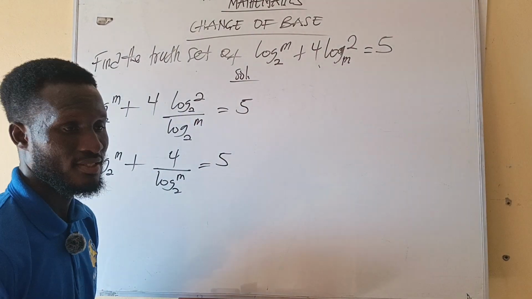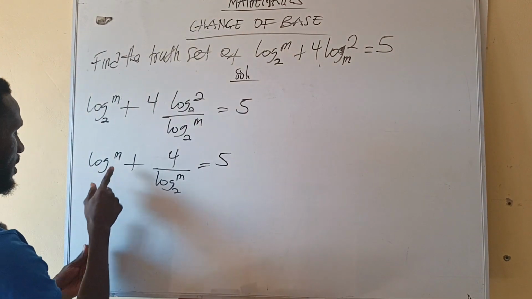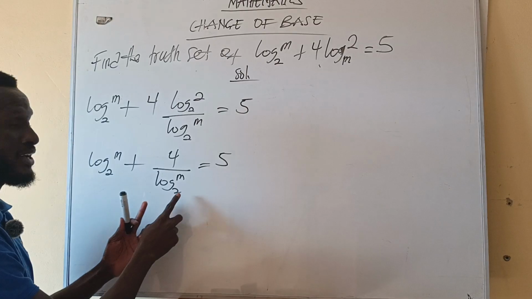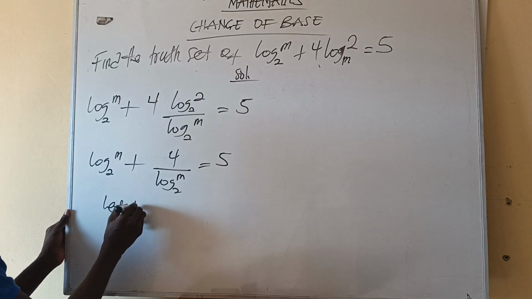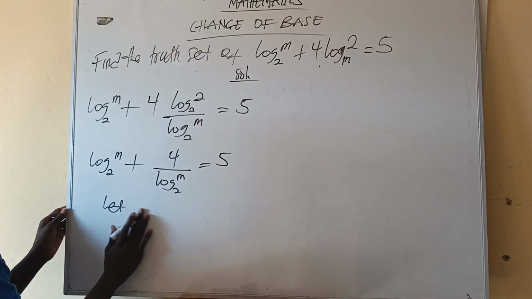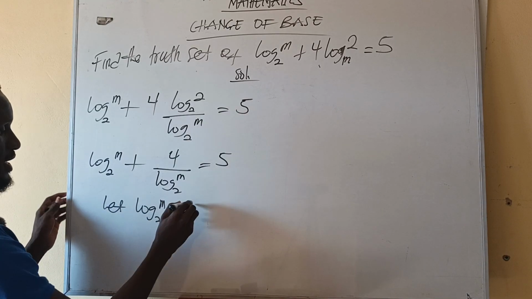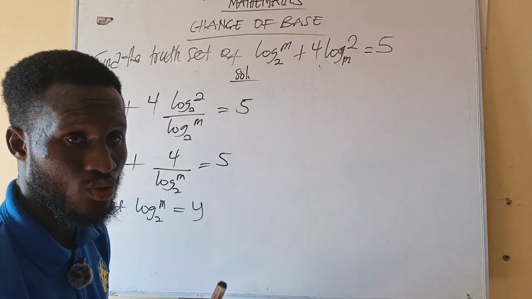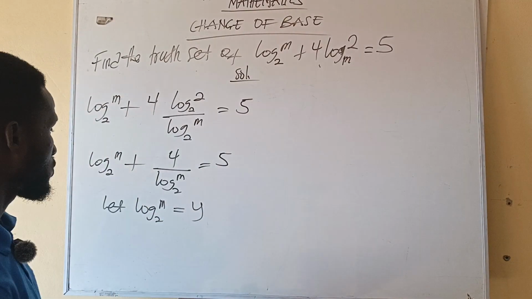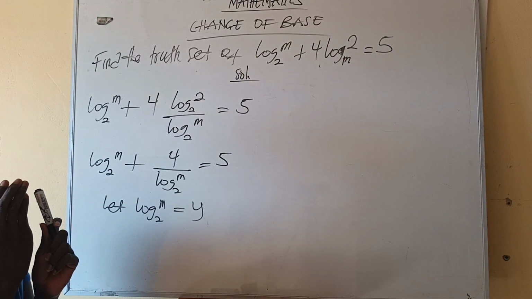Now at this point, I want to make the calculation so simple. Since I have log m base 2 here and another log m base 2, let log m base 2 be equal to y.